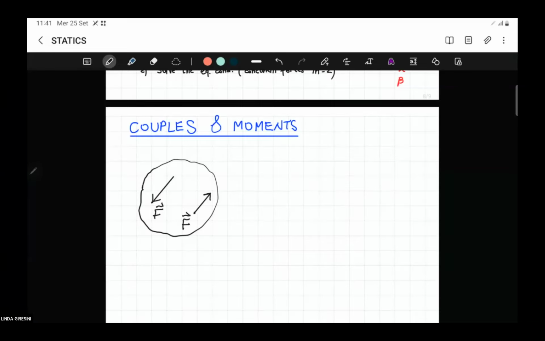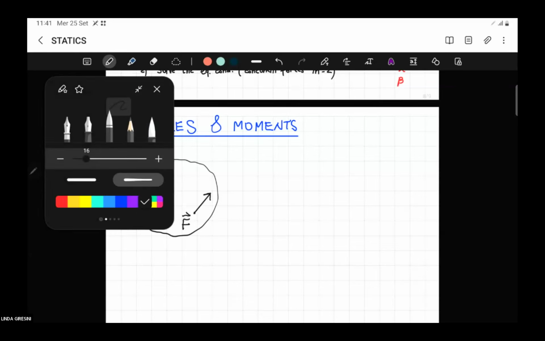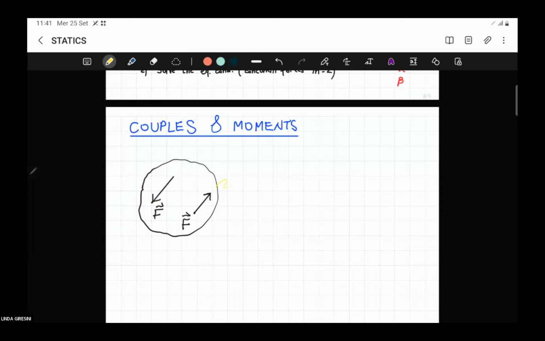Okay? And they are parallel. So if you want to have a sight on their line of action, they are parallel. So these two lines, the two yellow lines, are parallel.